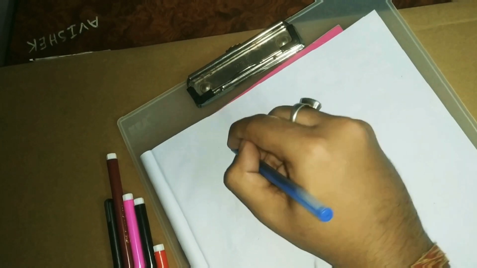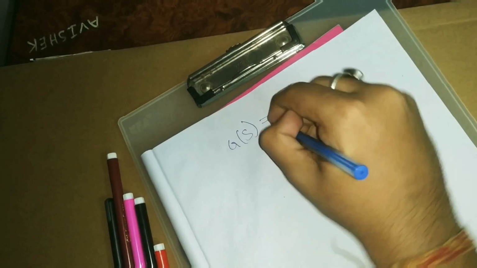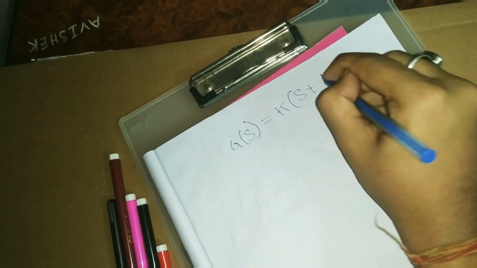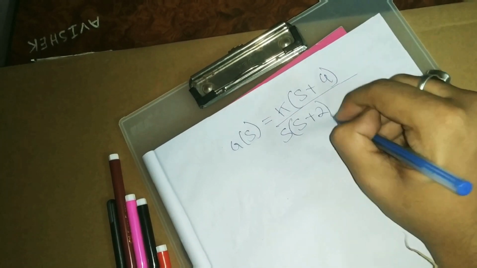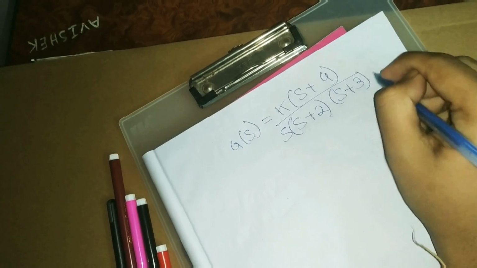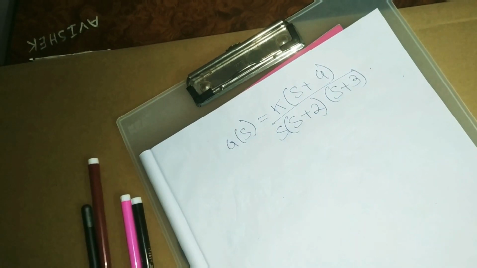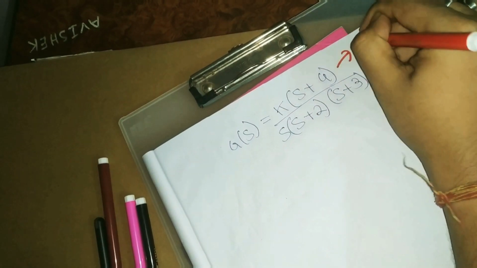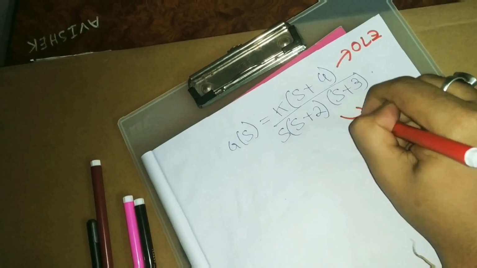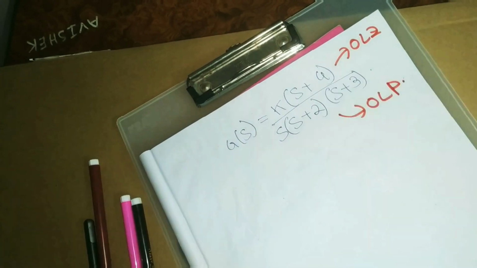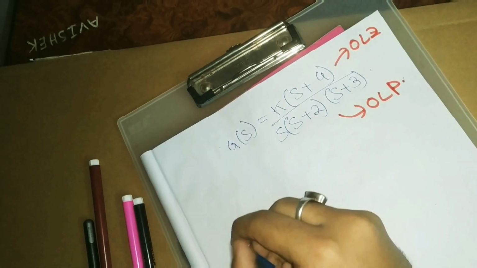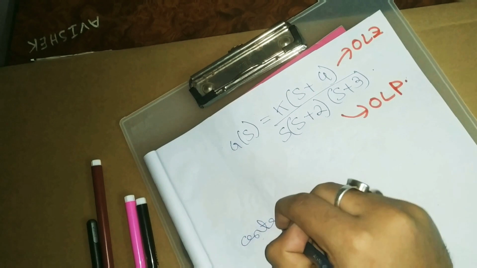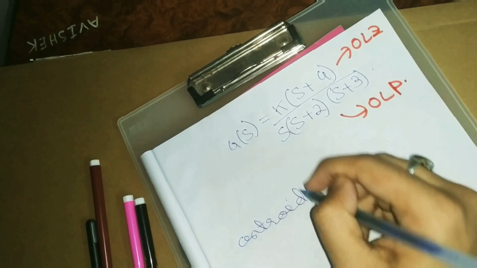So G(s) equals k(s plus 4) divided by s(s plus 2)(s plus 3). This is the open loop zero and these are the open loop poles. So you have to calculate the centroid. I am only calculating the centroid, showing you how to calculate only the centroid.